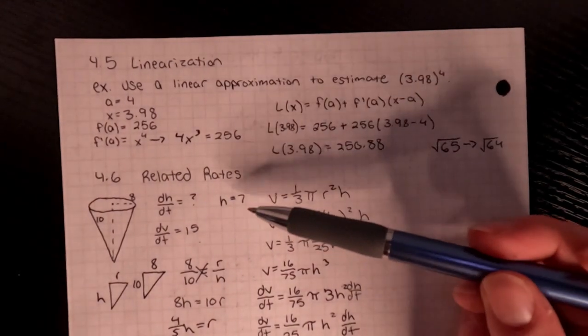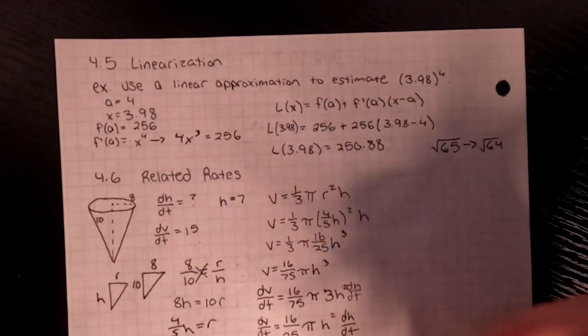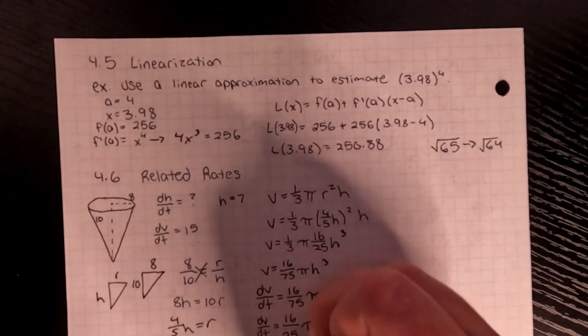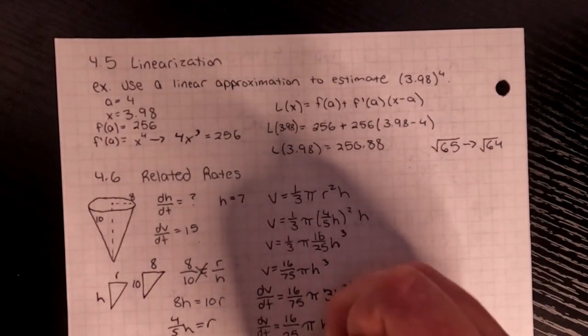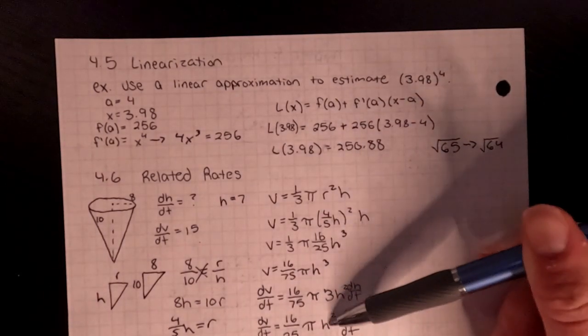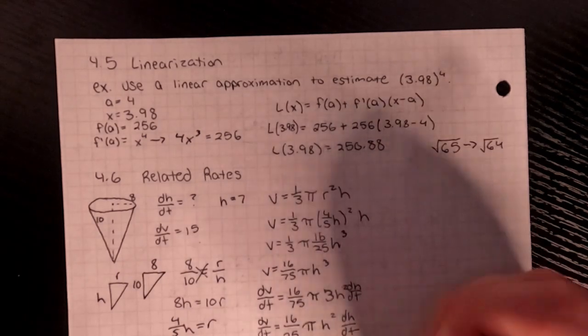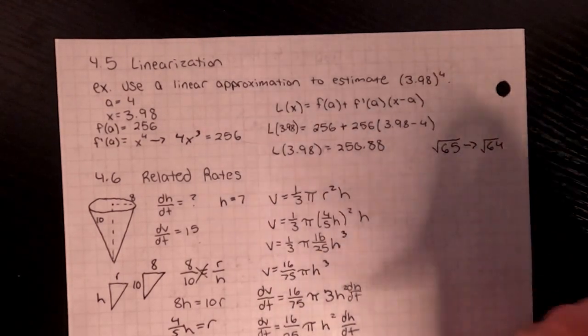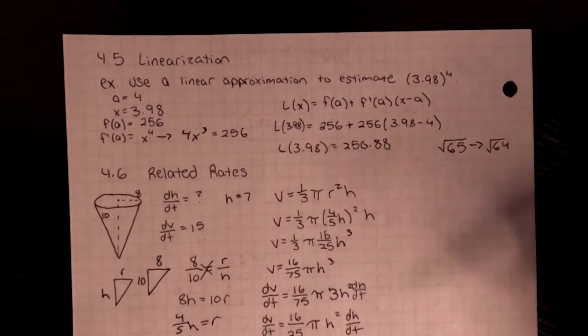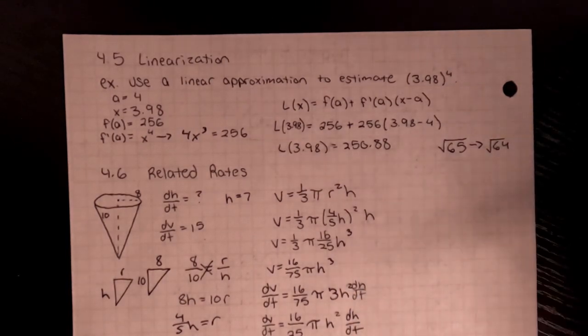So we know that dv dt is 15, and we know h is going to be 7, and we don't know our dh dt. So now we can solve for dh dt.